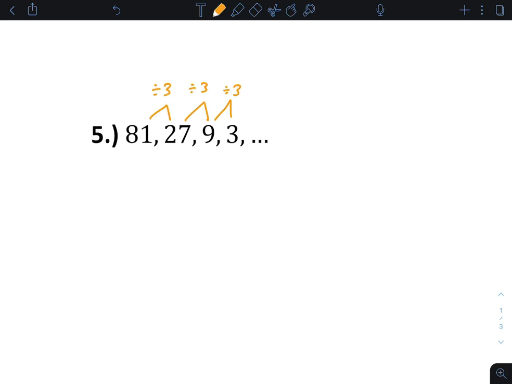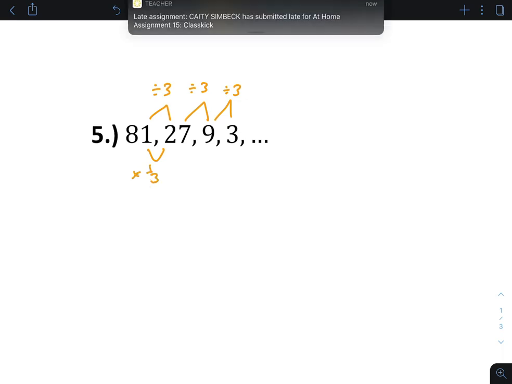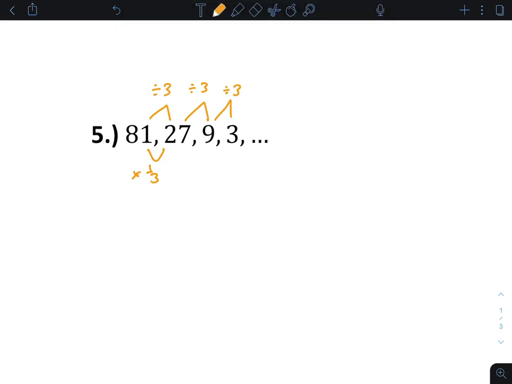Now notice this whole time with the common ratios, we've been writing it as a way of multiplication. So instead of saying dividing by 3, we can actually say we are multiplying by 1/3. You remember that keep, change, flip thing? It's kind of similar to this.